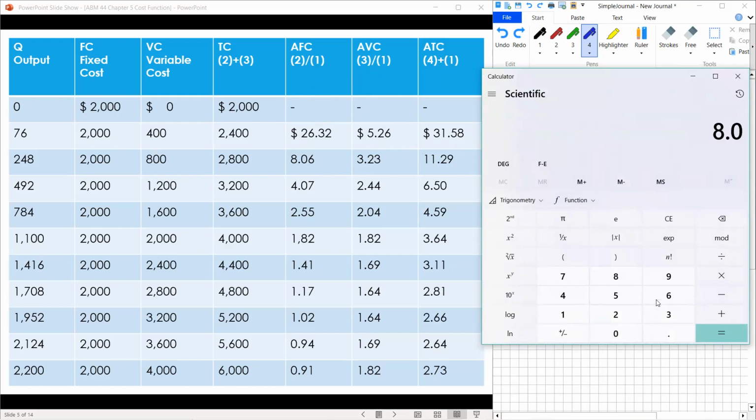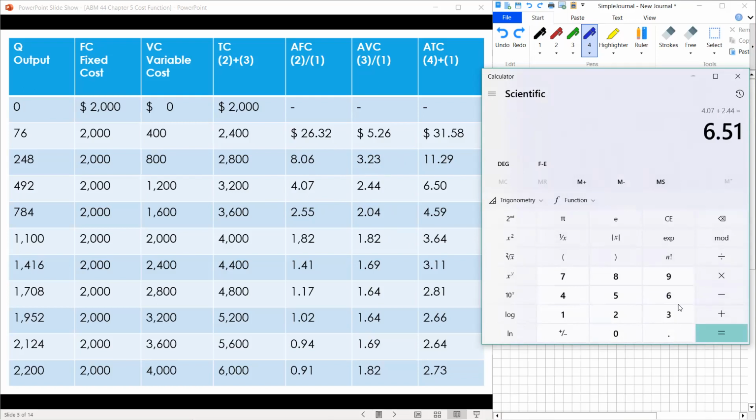Next is 8.06 plus 3.23. As you can see, we are on the second row. That would be 11.29. This is correct. And lastly, 4.07 for AFC plus 2.44 here.